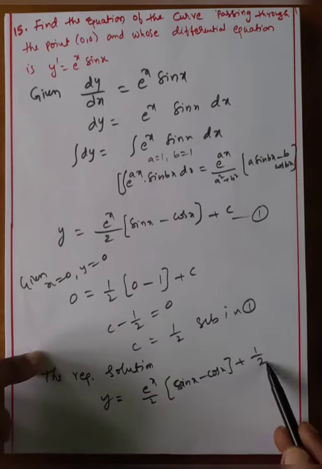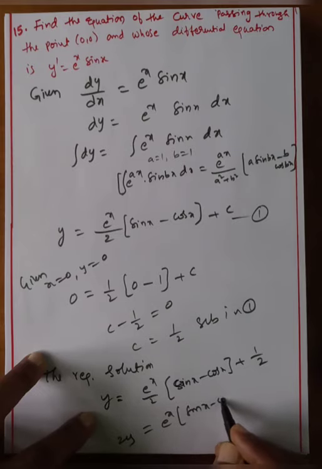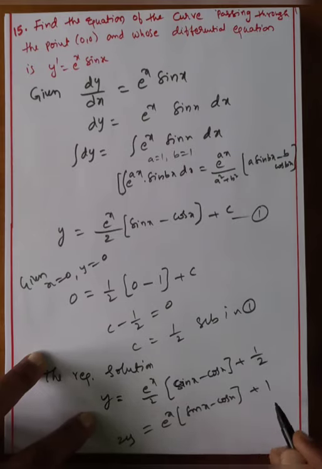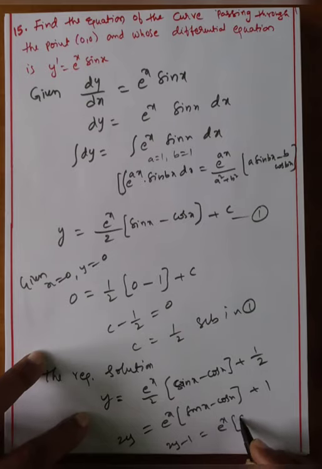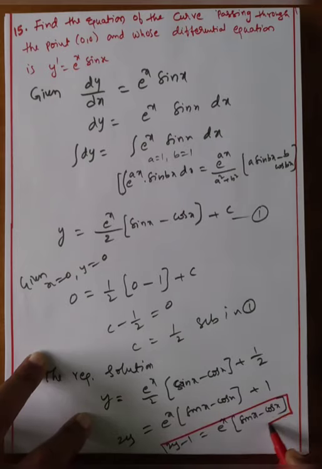Here 2 is the LCM, this side 2y is totally multiplied with 2. 2y is equal to e power x into sin x minus cos x plus 1, or 2y minus 1 is equal to e power x into sin x minus cos x. In this way we will complete the problems, my dear students. I hope that you understood or not. 2y minus 1 is equal to this one.